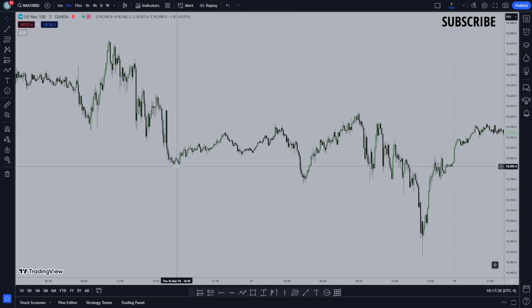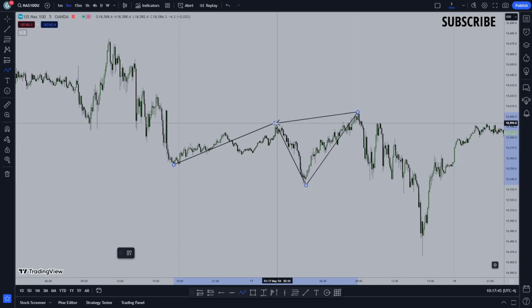Price was creating a higher high. From here it creates a lower high, lower low, and all of a sudden there is another higher high over here. So what people will do when they see this type of higher high, they will try to take a buy from here, right? People will take a buy from this breakout.